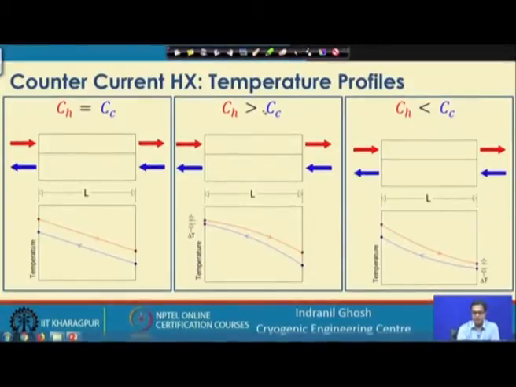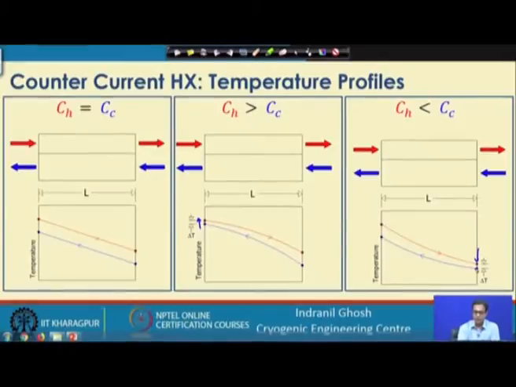When CH is greater than CC, we will find that the cold fluid outlet temperature is almost approaching the hot inlet temperature. On the contrary, if CH is less than CC, we will find that the hot outlet is approaching the cold inlet temperature.